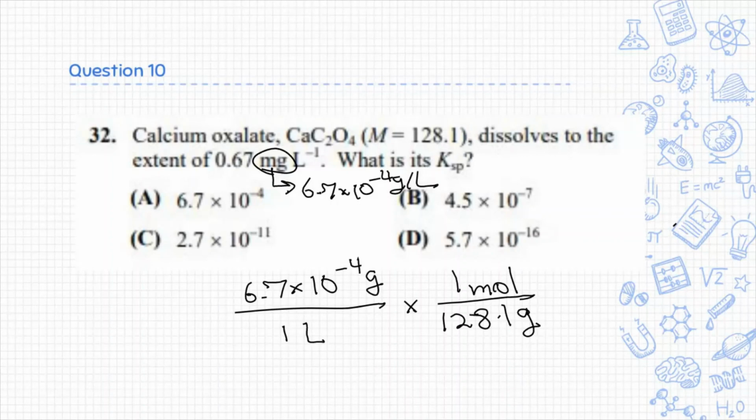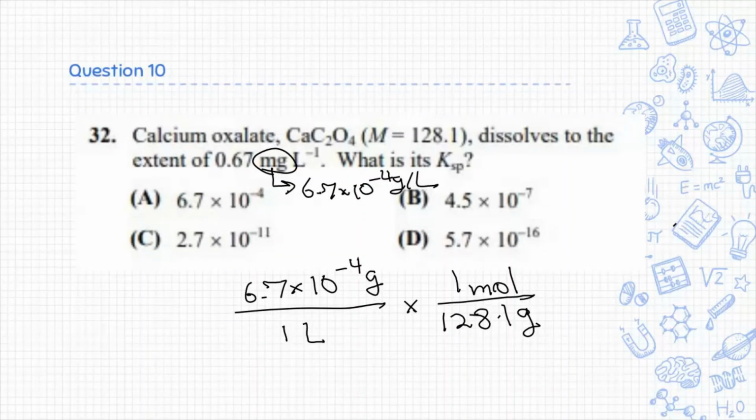The number of moles that is dissolved is equal to the number of moles of the ions that is released from being dissolved. I'm so sorry if I confused you there.